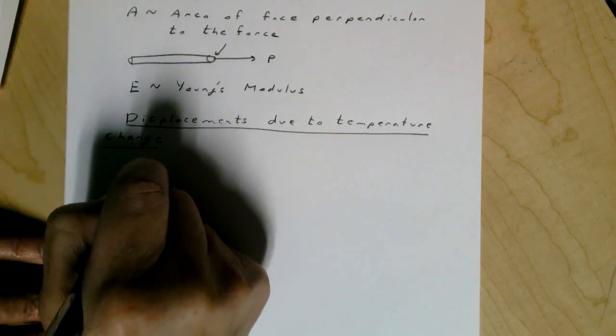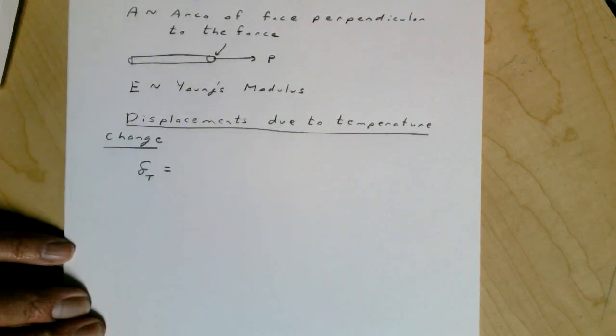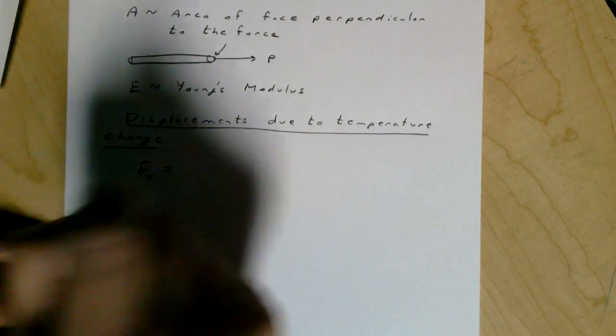Sometimes you'll put a T subscript to recognize that it's displacement due to temperature change.